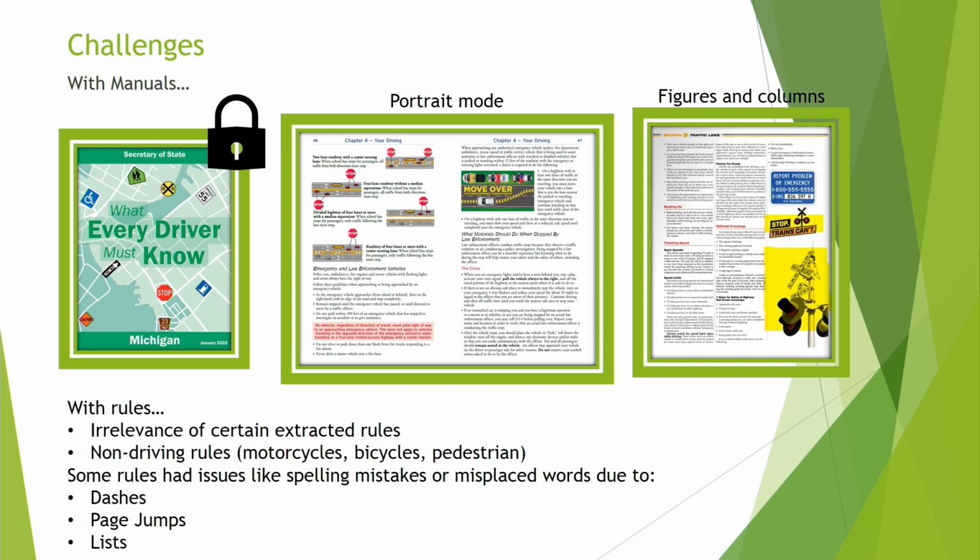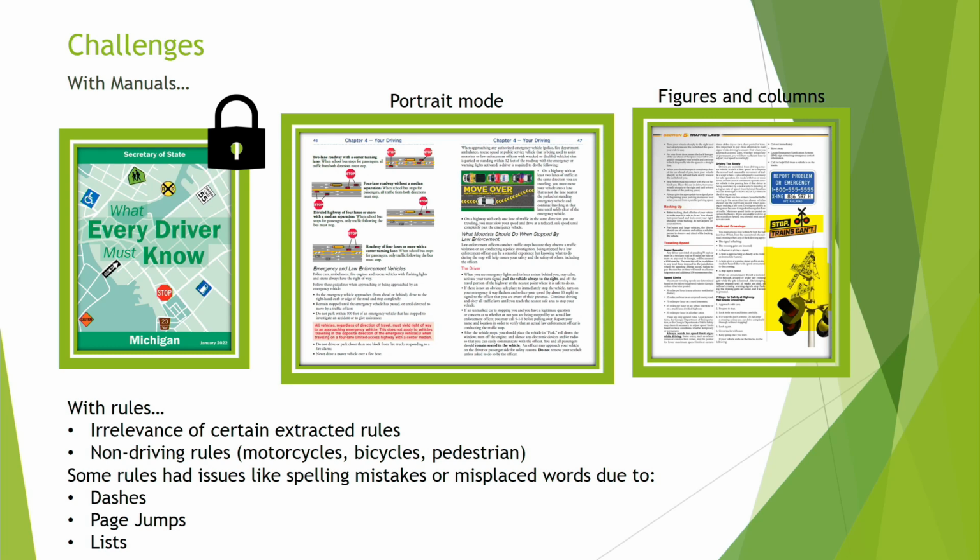Something similar happened when the manual was full of figures or diagrams and had more than 2 columns. Examples are North Carolina, Illinois, Michigan, and Georgia.